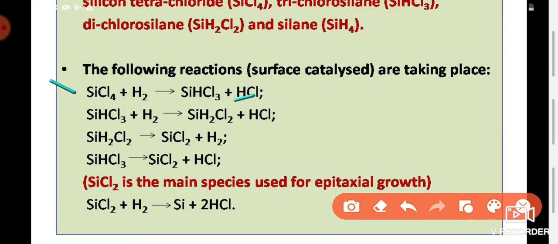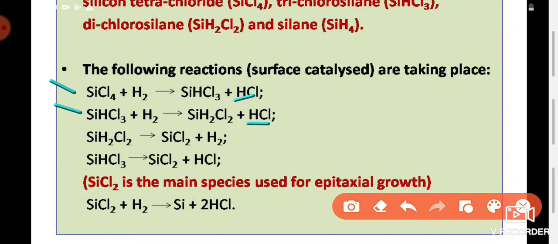The second equation is that the trichlorosilane that we obtained in the first equation will again react with hydrogen and gives us SiH2Cl2, that is dichlorosilane, plus HCl. Again, HCl is the hydrochloric acid in gaseous form.